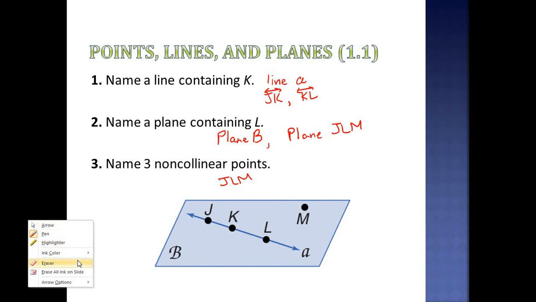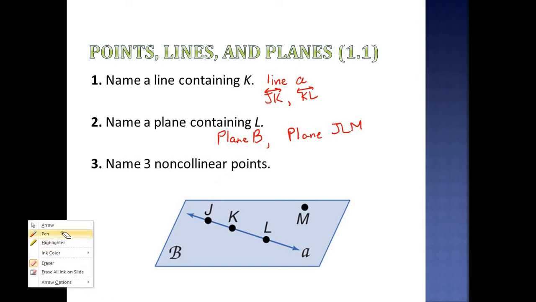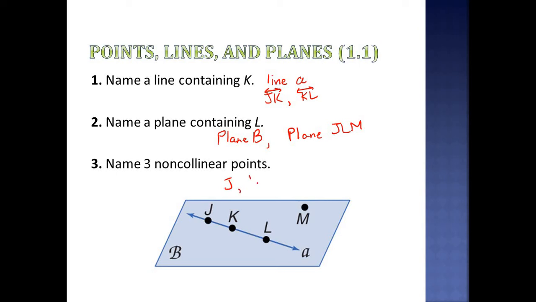They are points, so I actually have to put parentheses. I actually have to put commas between them. So J, L, and M. There are 3 non-collinear points. All right. If I didn't include these commas here, we would be naming a plane, or later on a possible geometric figure like a triangle.